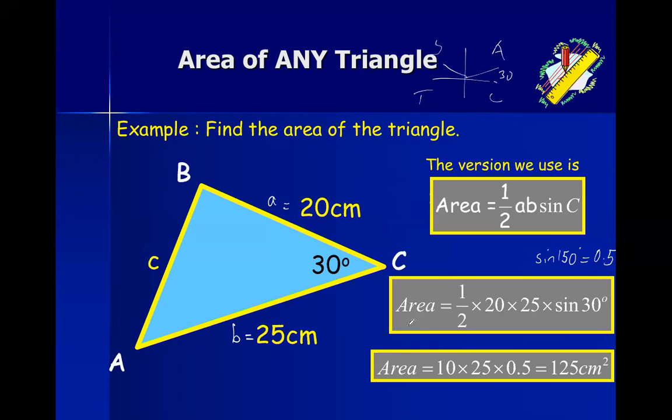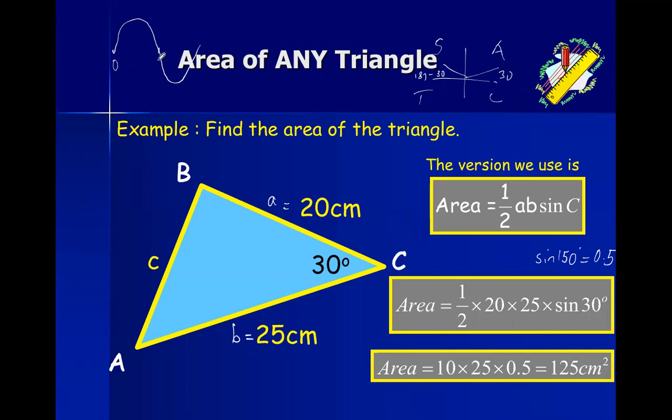Calculate this. You've got to use CAST now to see that if you've got 180 take away 30, you get your 150. So the value for sine 150 is the same value for sine 30. Remember, the sine signal goes like that, and this is 180.